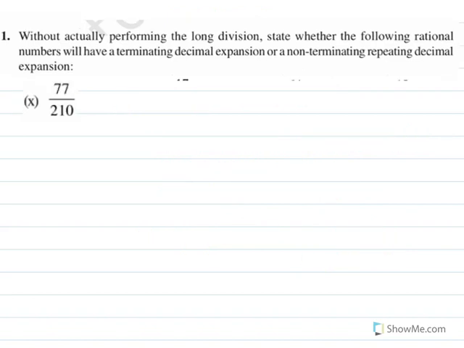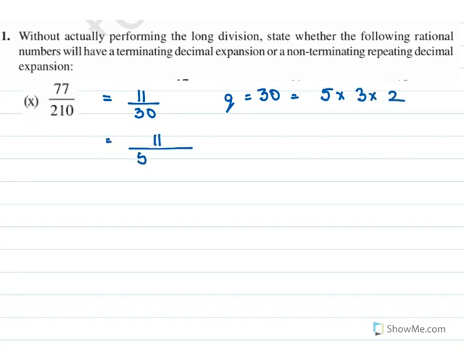Next is 77 over 210. So you first reduce it, that is 11 over 30. So the denominator Q on prime factorization, which is 30, is 5 into 3 into 2. So this is basically 11 over 5 into 3 into 2.